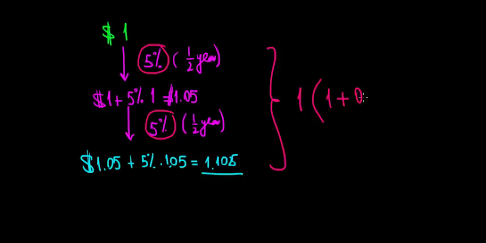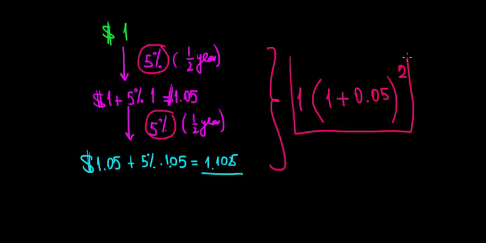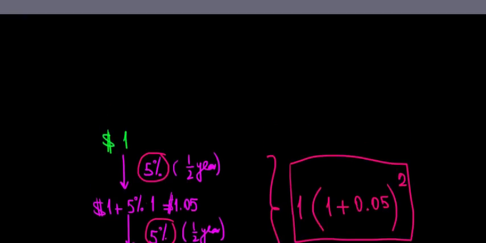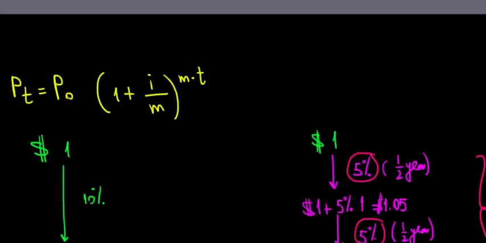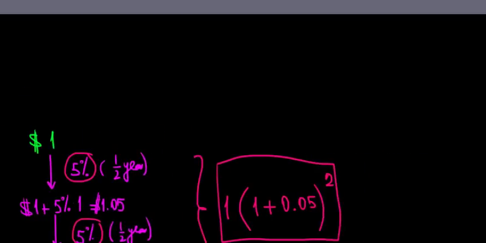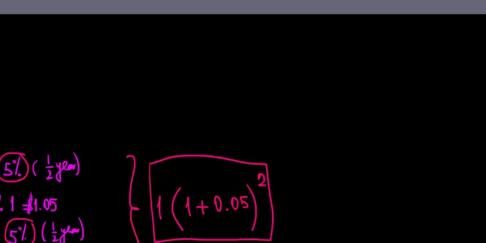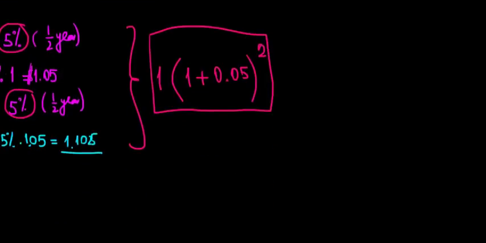So we had 1 plus 0.05 to the power of 2. Now, this looks like our regular compound formula, but I would like to write it in terms of this equation. How would that look like, where we have 1 plus i over m to the power of m times t? Because I'd like to understand the intuition of what's going on here.